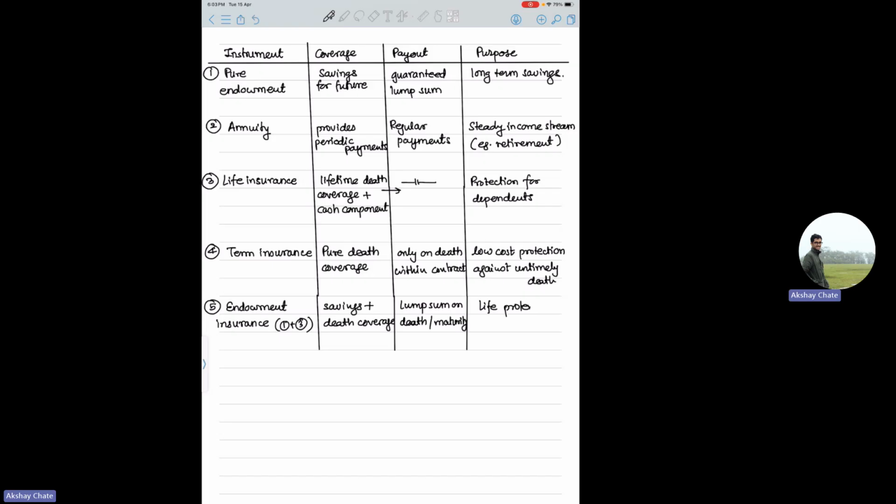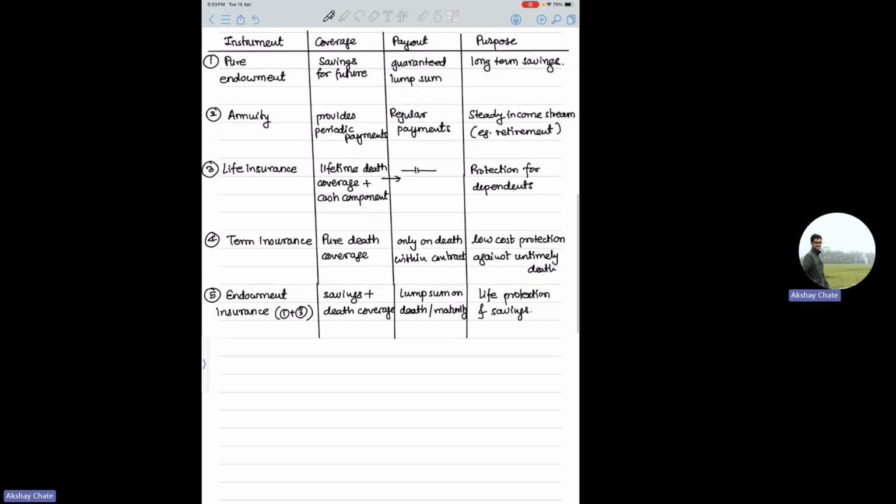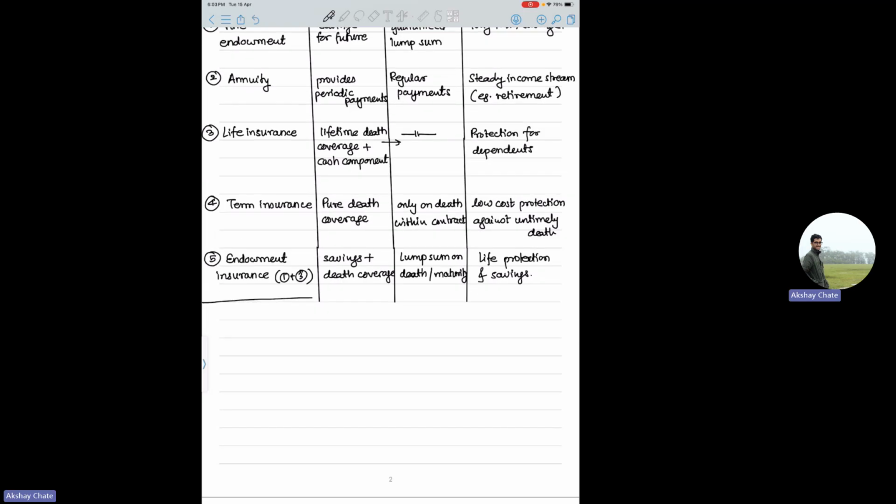Then the main purpose is life protection as well as savings. Okay. So usually the LIC policies that we buy in India are nothing but this endowment insurance kind of instruments. So they give you death cover also.